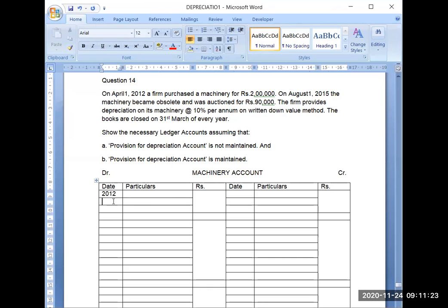And the date of purchase is April 1. To bank account, and the amount of purchase is 2 lakh.